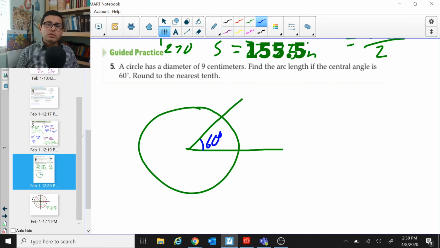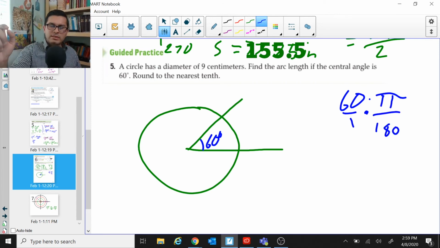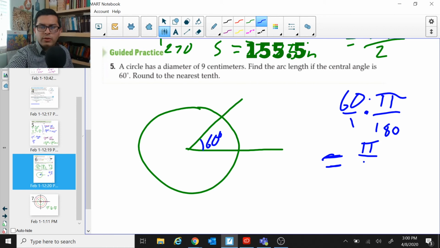We cannot use degrees. Again, it will not make sense if we use degrees. So let's take our 60 and we're going to convert that into radians. We'll take 60 times pi over 180, which will equal pi over 3.